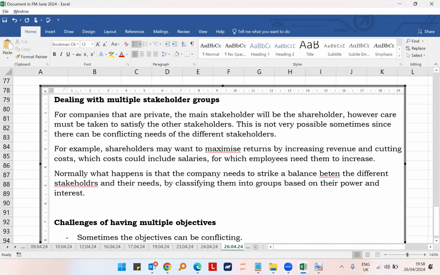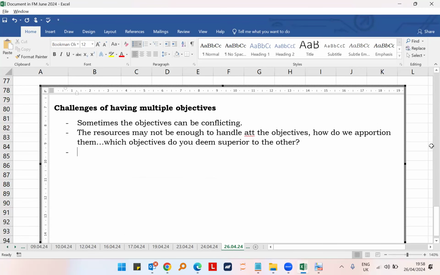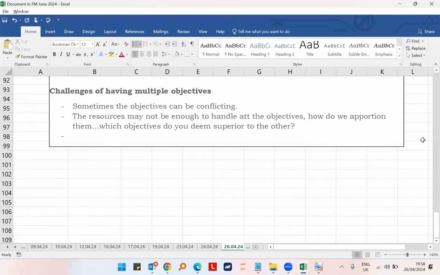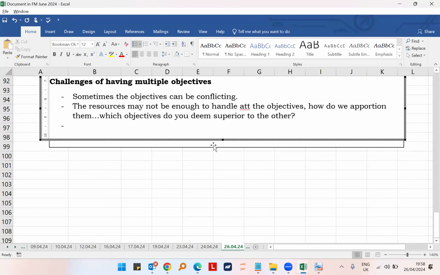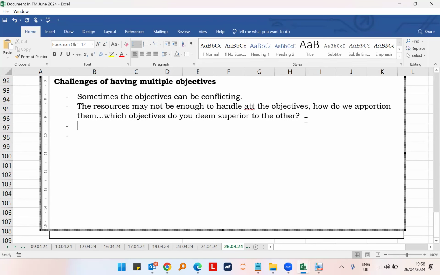So here they're asking, which objectives do you deem superior to the others? Okay, so which objectives do you take to be more important than the others? That's a question. And of course, it is your duty as a finance manager in this case to determine which objectives you're going to give more weight than others.